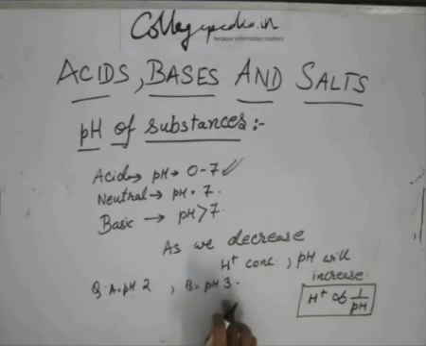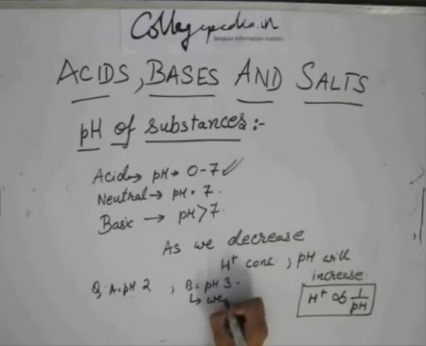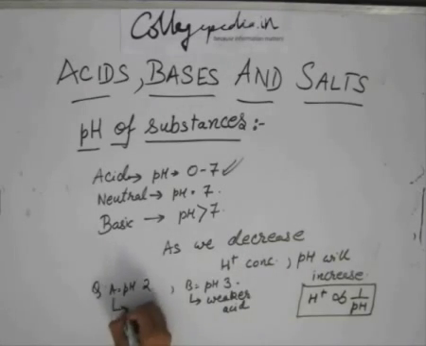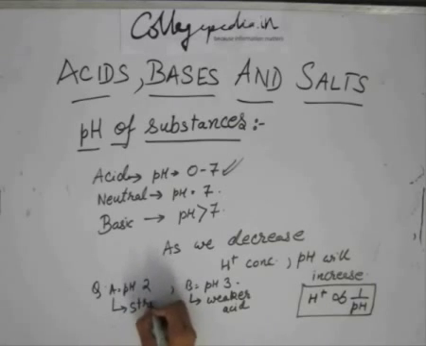So the pH of B is greater, so the H plus concentration of B will be lesser. And if the H plus concentration of B is lesser, then B is the weaker acid, because its H plus concentration is less, and A is the stronger acid.